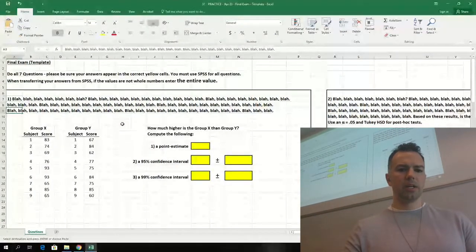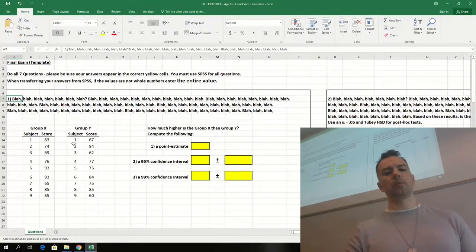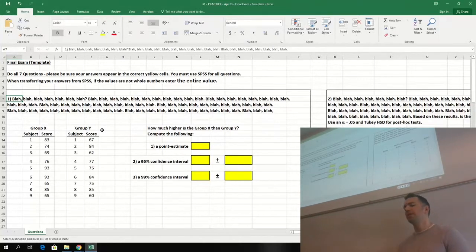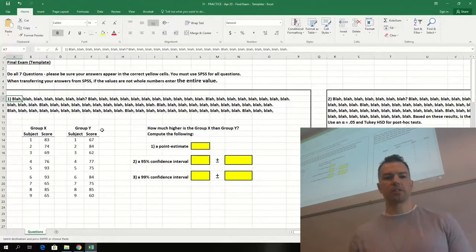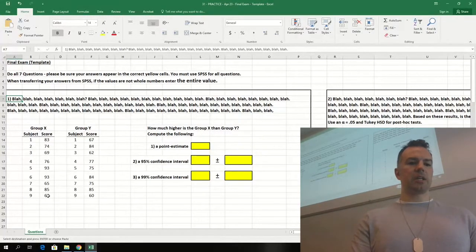Okay, so let's assume that these are, we'll do it both ways, but we'll assume that it's a dependent design first. So in this case, we have 9 subjects. They get measured under X conditions. They get measured under Y conditions.